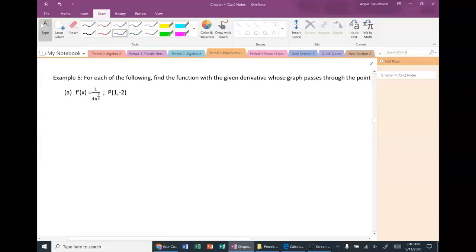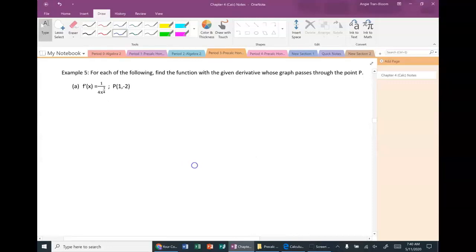Example 5 says, for each of the following, find the function with the given derivative whose graph passes through the point P. They gave us the derivative f prime of x equals 1 divided by 4x to the 3/4, and the point is (1, negative 2).